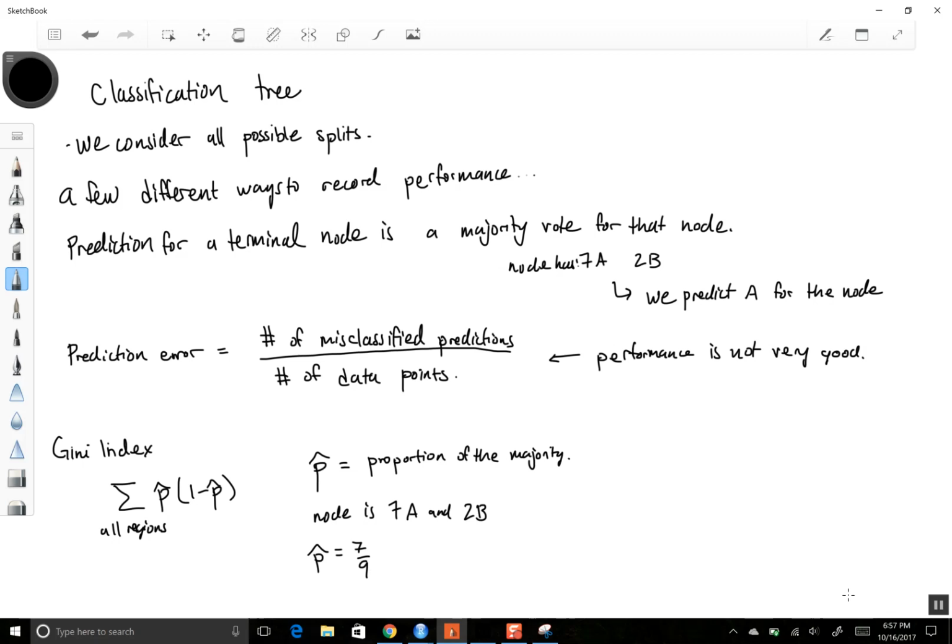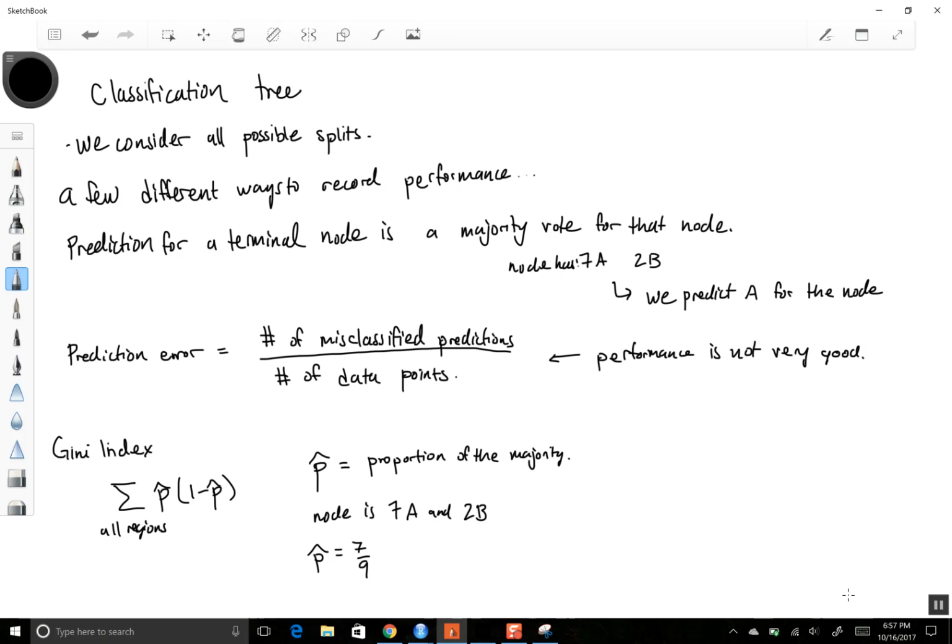If you have terminal nodes that are completely pure, then p hat equals 1 or 0, and you're trying to minimize the Gini index, right? This will be maximized when p hat is 0.5, which indicates this is not a good terminal node.